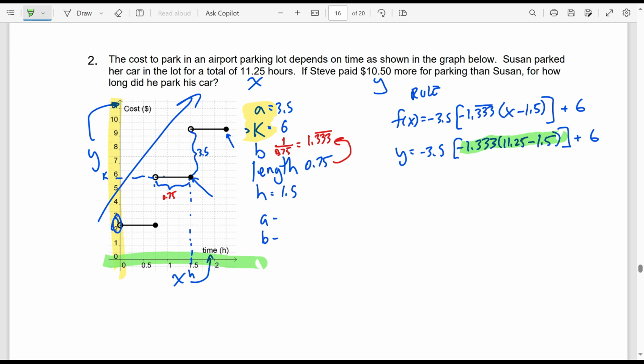So 11.25, which is the time, minus 1.5, the h that we identified, and I'm going to end up with y is equal to negative 3.5, negative 1.333 repeating, times 9.75, plus 6. Again, I'm going to multiply this by the most accurate representation of that as possible.